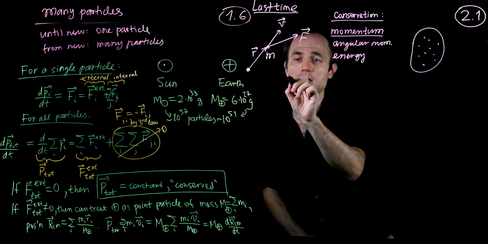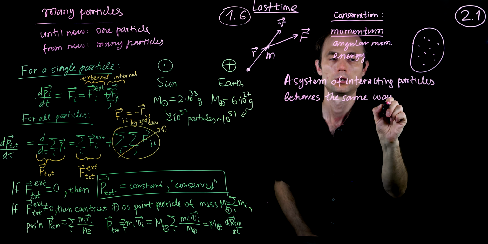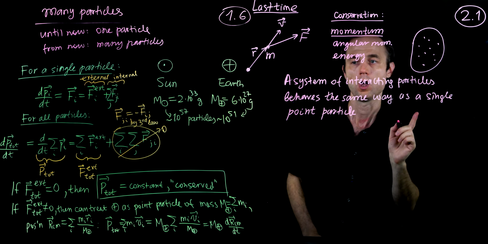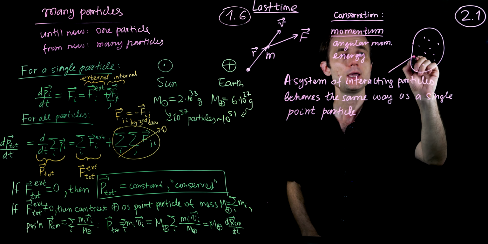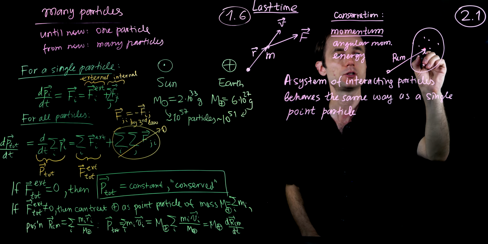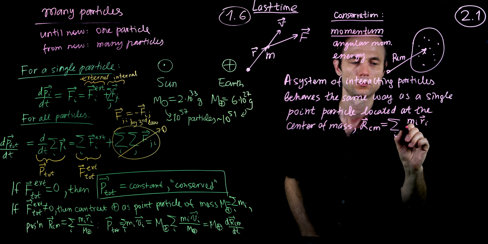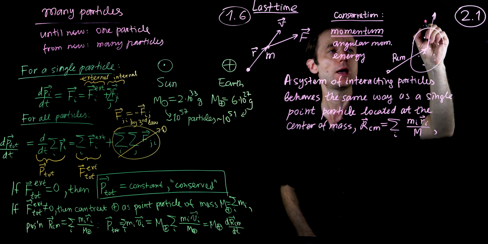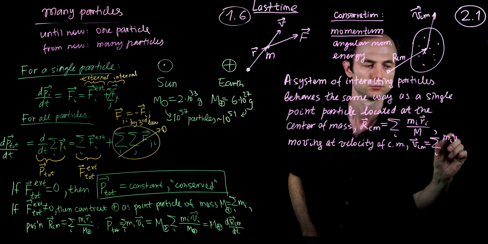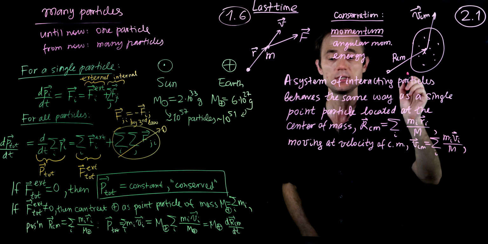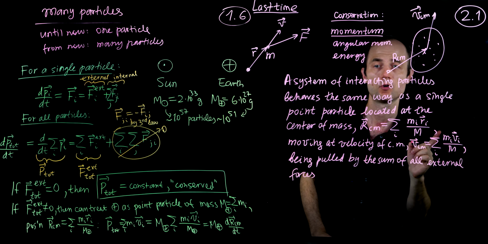And what we found out is that a system of interacting particles behaves the same way as a single point particle located at the center of mass of this system, moving at velocity of the center of mass and being tugged by the sum of all the external forces.